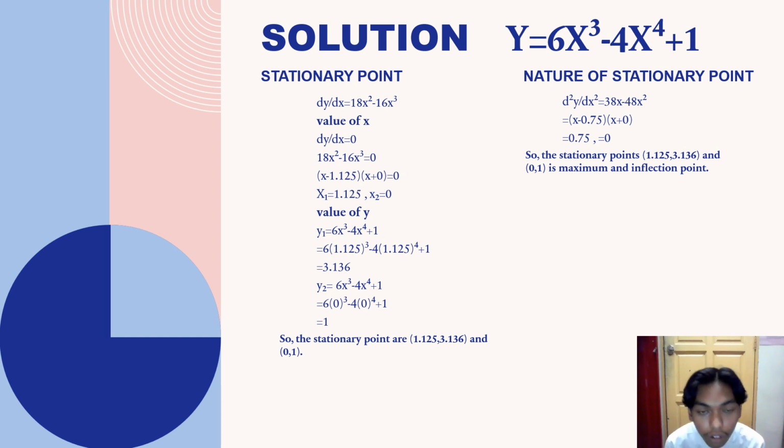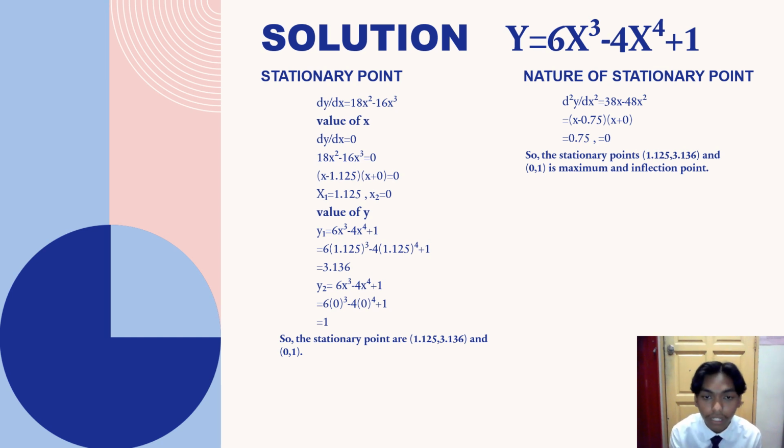Next, the value of y. For the value of y, we pick the equation from the question, and the x we substitute from the answer we got earlier. So we will get the answer y1 equals 3.136 and y2 equals 1. So we will get two stationary points here.